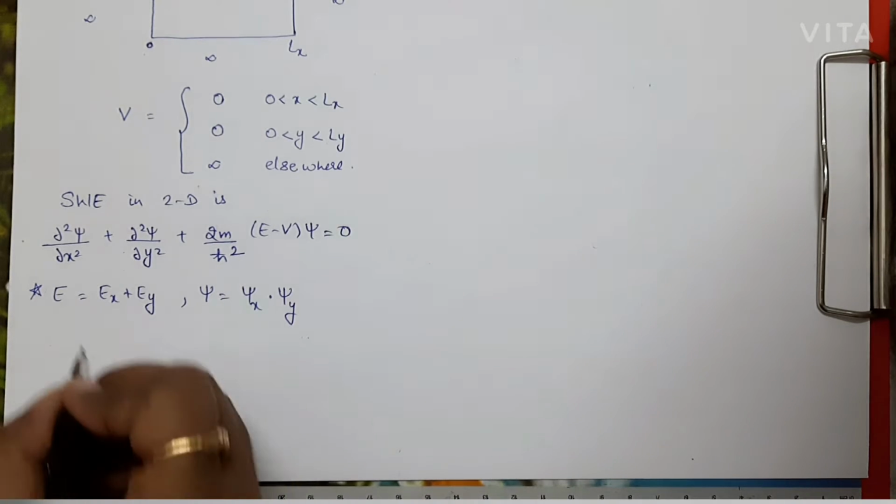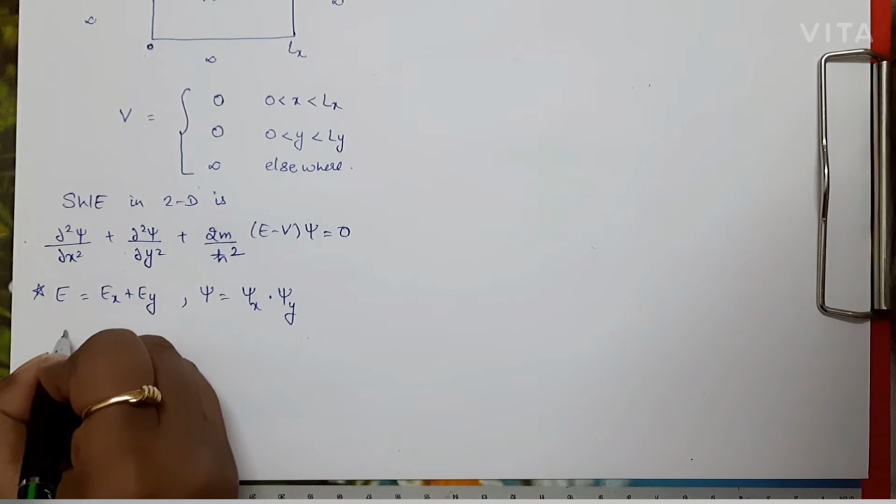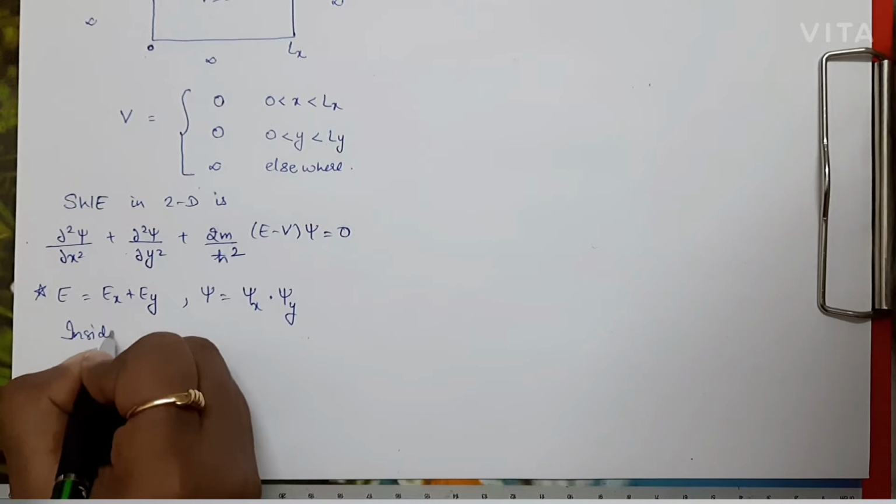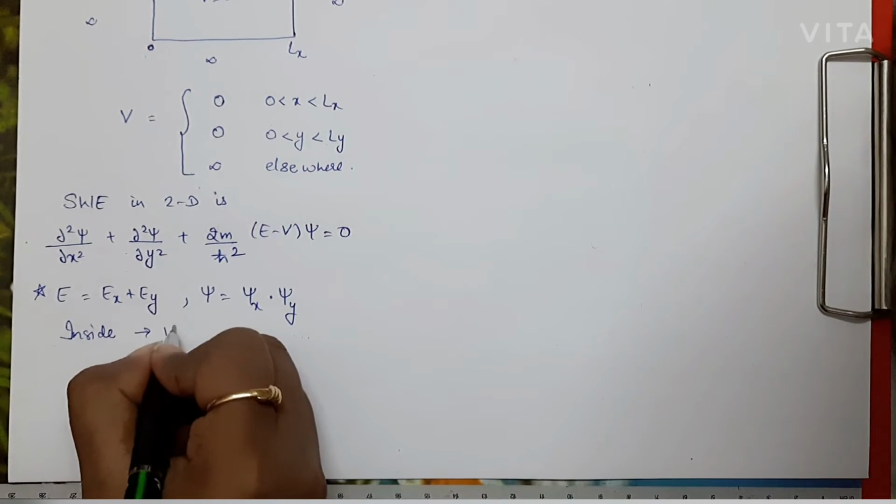So now first we are talking about the particle inside the box. So inside the box the potential is 0.